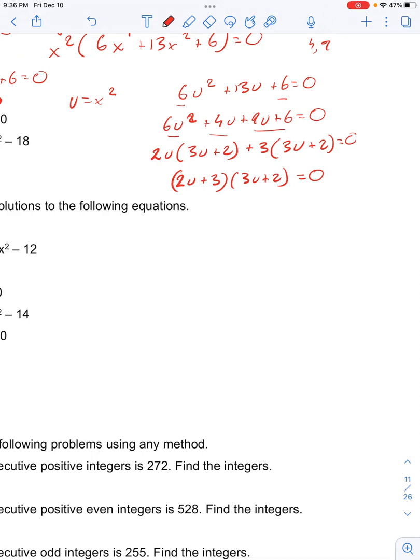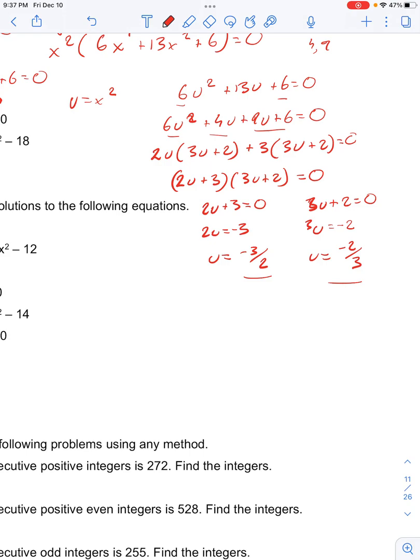And so for my u, if we use the zero product property again, u could be negative 3 over 2, or it could be negative 2 over 3.